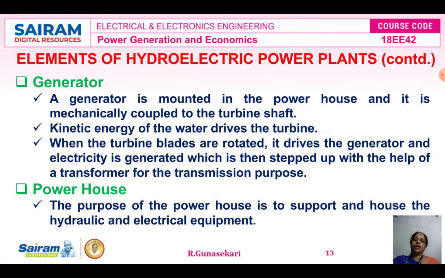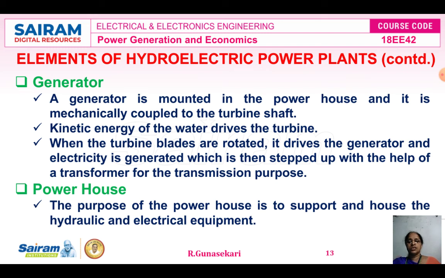The turbine shaft is coupled with the generator mechanically, so the turbine is used to drive the generator. Therefore the generator converts mechanical energy into electrical energy, and the electricity is generated by the generator. Then the generated electricity is stepped up with the help of a step-up transformer for transmission purposes.